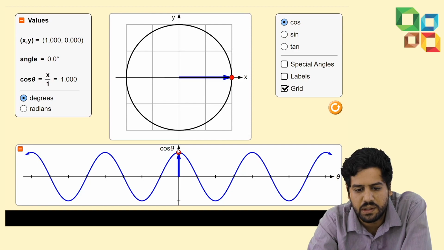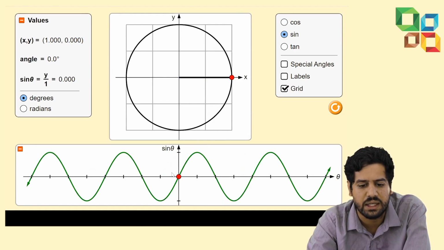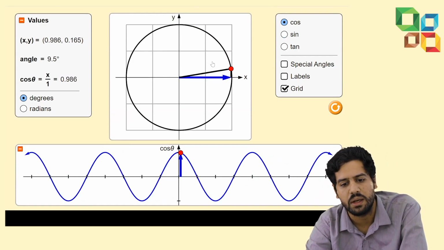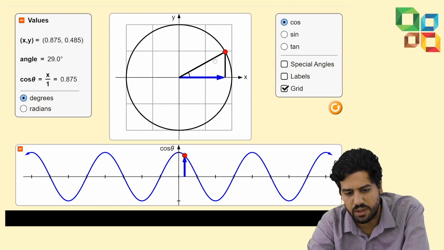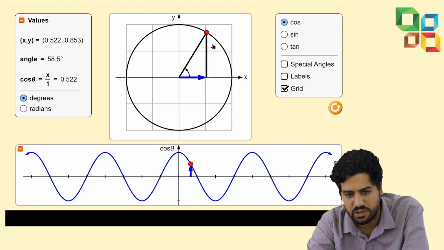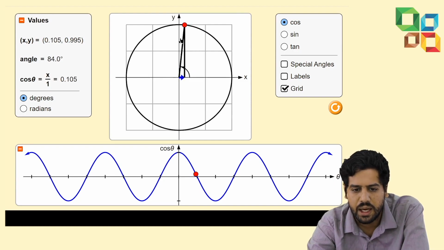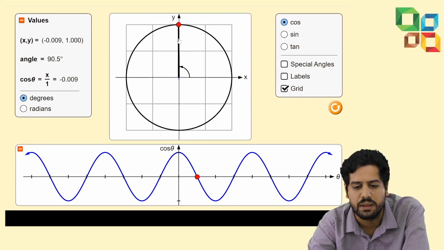The cosine graph is also similar. It looks the same, but the sine graph started at 0, and the cosine graph starts at 1 and decreases, right? Cosine 0 is 1, cosine 30 will be root 3 by 2, cosine 60 degrees will be half, and then cosine 90 degrees will be 0.